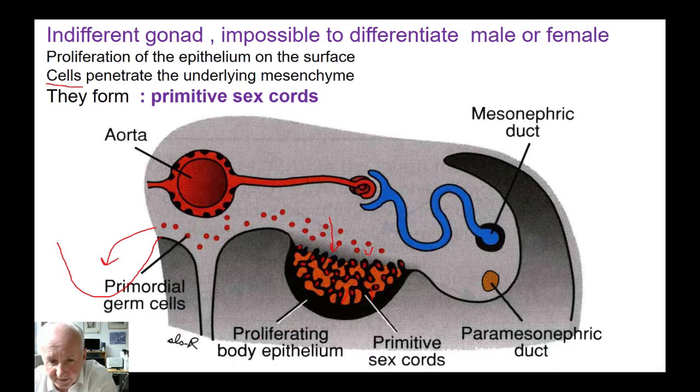And now the first cords from the surface epithelium come down into the mesenchyme, and these first cords we call the primitive sex cords. At this moment, you cannot tell if this will be a testis or an ovary. At this moment, not.